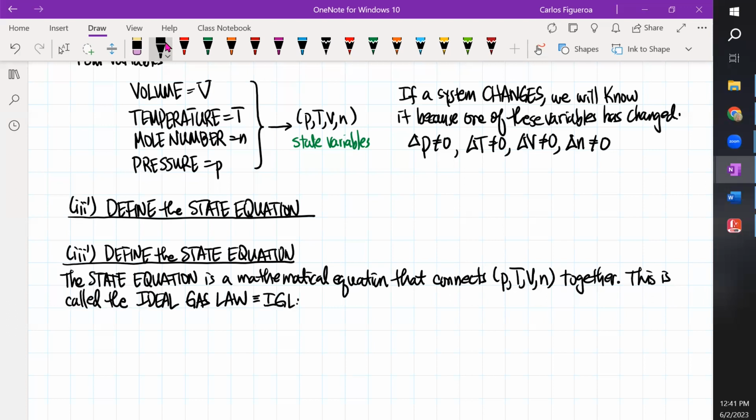And it says this, that the pressure times the volume is directly proportional to the number of moles times the temperature. This is the ideal gas law. In other words, what this is really saying here is that the ratio of the pressure times volume over the number of moles times the temperature is equal to some constant.